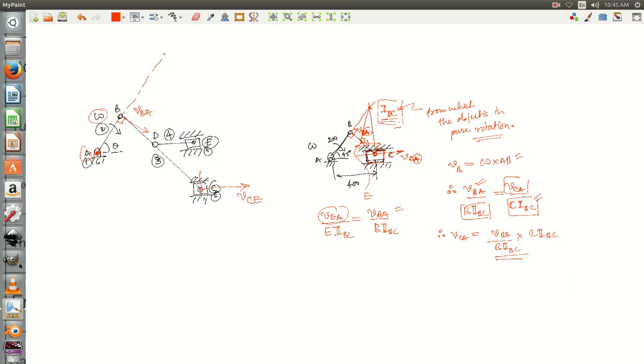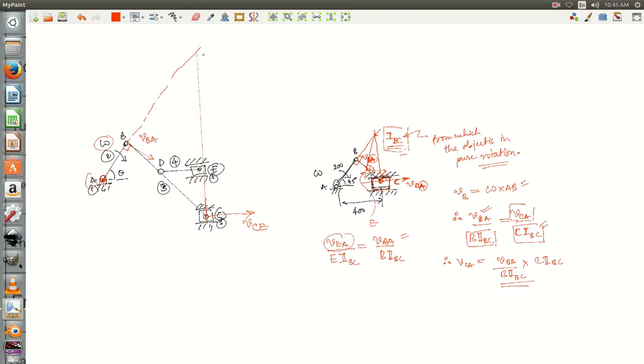So if we draw the perpendiculars onto this, we get one point over here which can be called the instantaneous center of BC. Since the velocities are perpendicular to this direction, link BC will only rotate with respect to this fixed center I_BC.